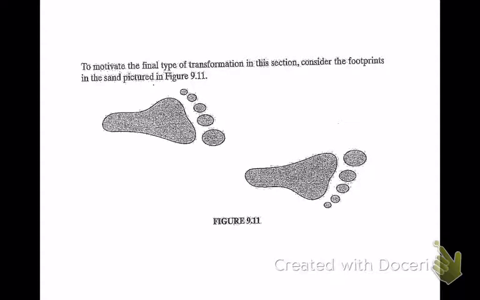It's impossible to translate or rotate the left foot to the right foot since they have different orientations. Also, we cannot find any reflection line to reflect one foot onto the other. If you had this line right here, you reflect it across that, you still would not get a reflection of this onto that.